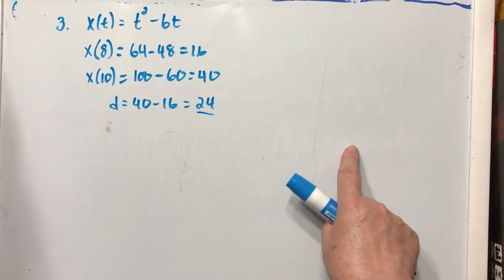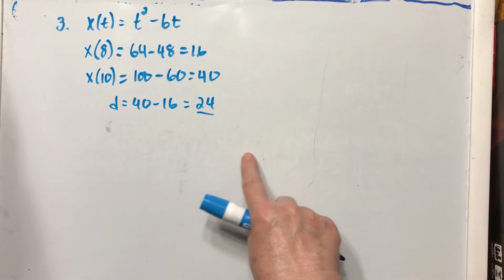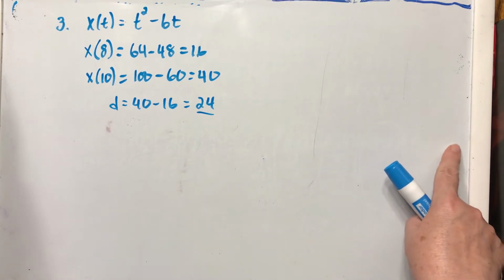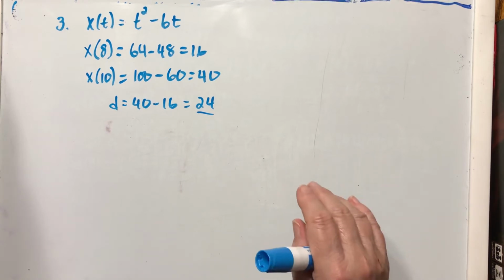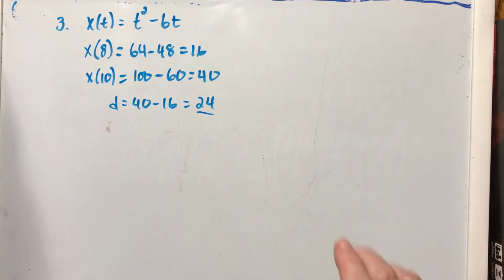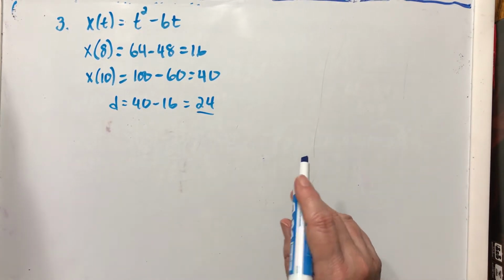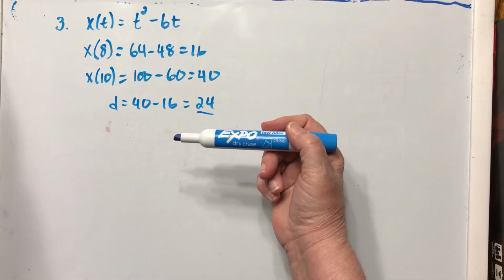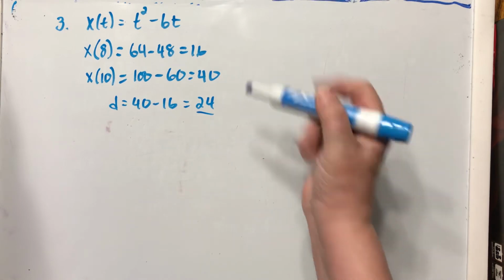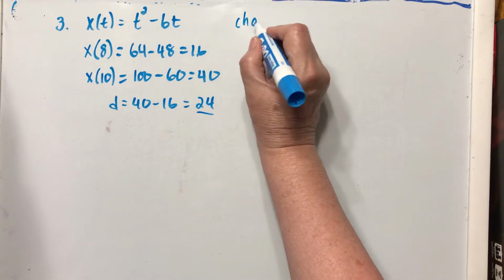In that case, we'd have to add the distance that it reversed and then add that distance that it went to the right again. So these are kind of trick questions, and I can almost guarantee that this is going to happen. You want to make sure it doesn't change directions within your time frame. Remember, it changes direction when the velocity is 0.